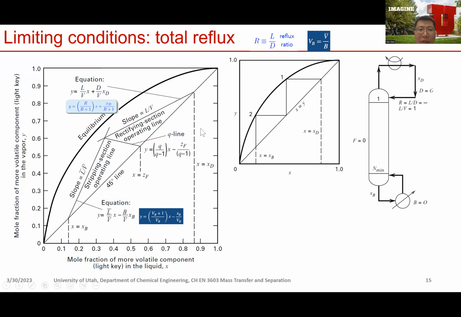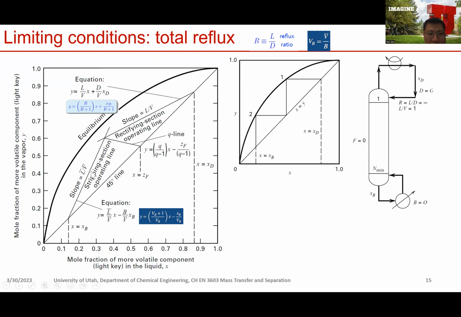And we know when R is infinity, if you look at the slope of the operating line, the slope is 1. That means this line is going to collapse with the 45-degree line. As a result, the Q line will become only a point here.